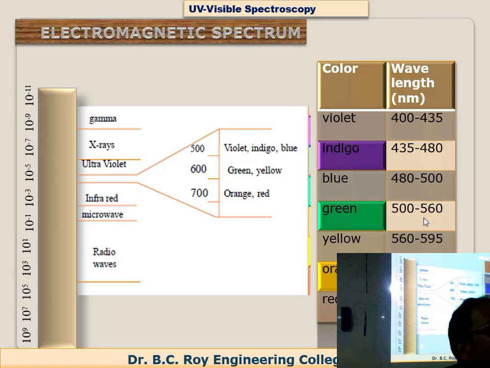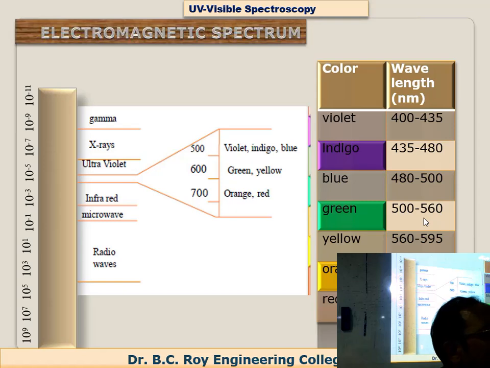What does ultraviolet spectroscopy analyze particularly? Double bonds, position of double bond, number of double bonds, adjacent double bond, alternate double bond, conjugated double bond, non-conjugated double bond, and such phenomena. Got the idea? Position of double bond or triple bond, unsaturation present or not. That much of an idea you can get from this particular spectroscopy called ultraviolet spectroscopy.